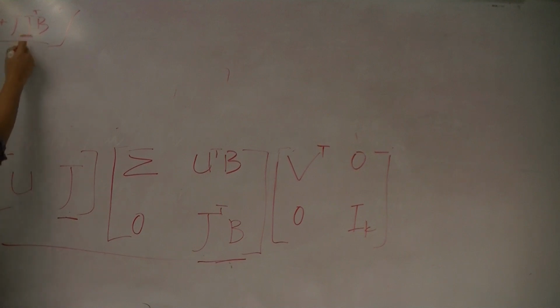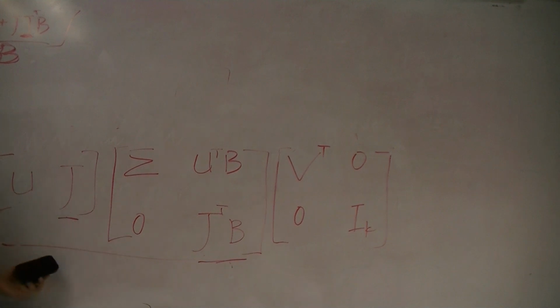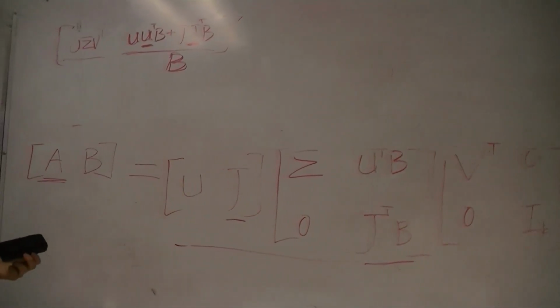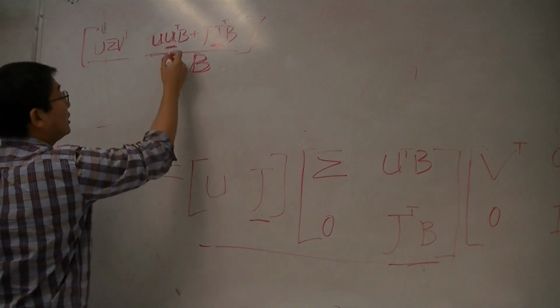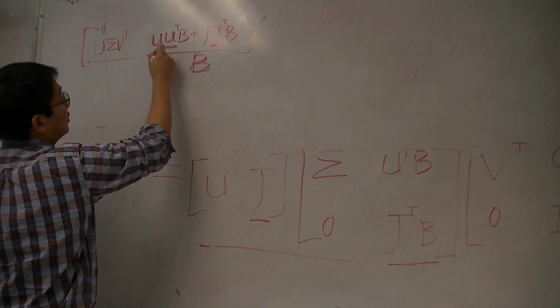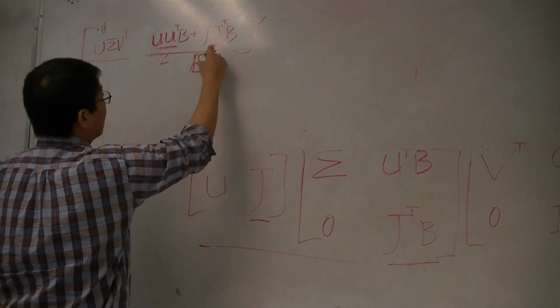So mu transpose B is just the projection of B on the vector mu, and this is also the projection on the vector J. Combining these two steps gives B. That means AB can be decomposed into 2B. No, yeah, it's 2B, but actually this is I, this is I.